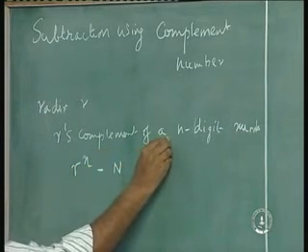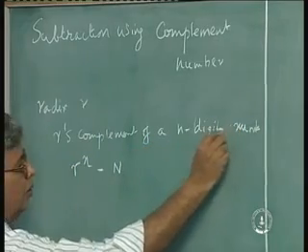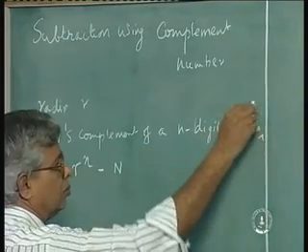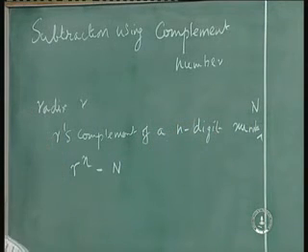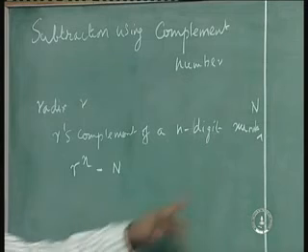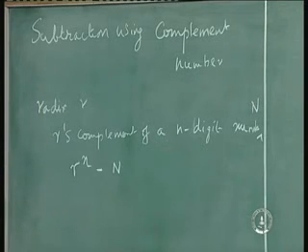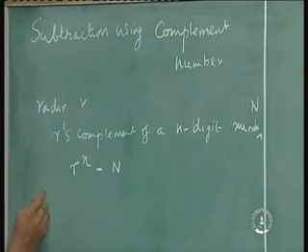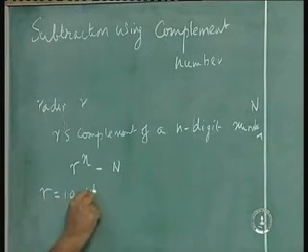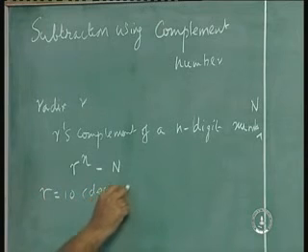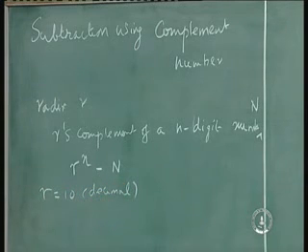R's complement of a number, n digit number N. N is the number, I think I have used a wrong variable, that's okay. One is small variable, small n and the other is a capital N. N is the number, n is the number of digits. What I mean by this is, if for example, let us say R is equal to 10, decimal system, and let us say n is equal to 4.